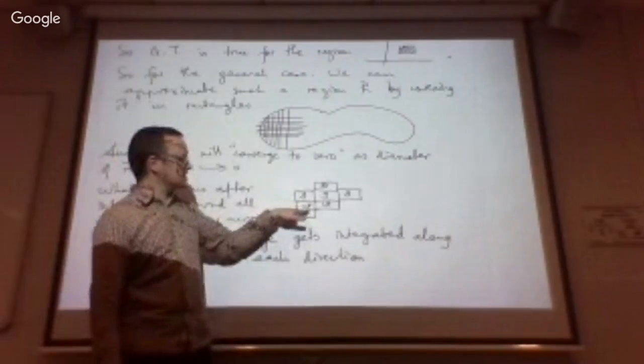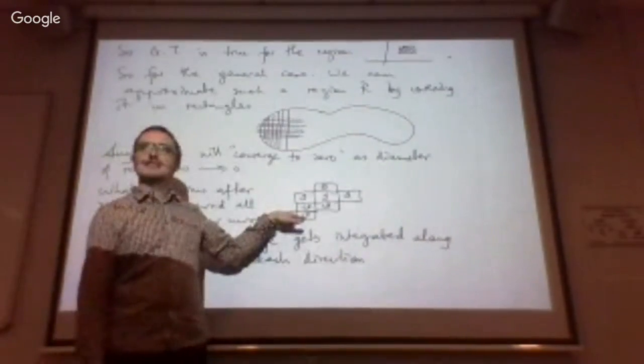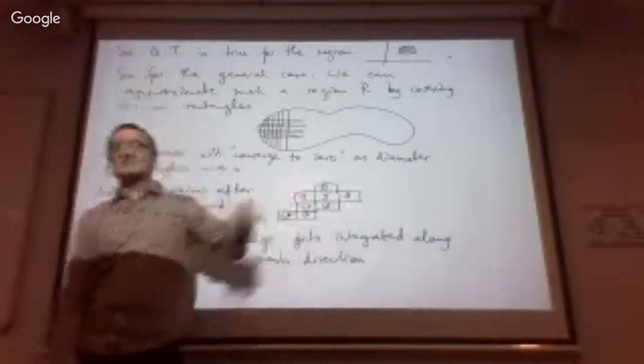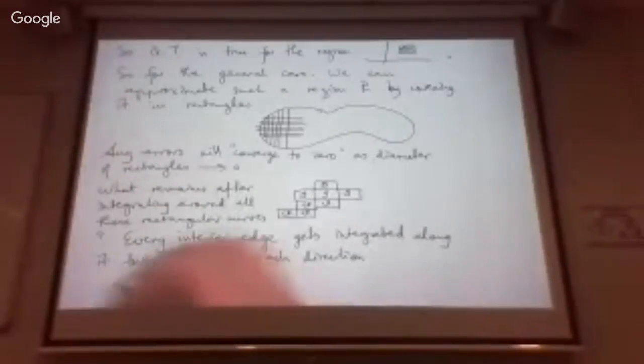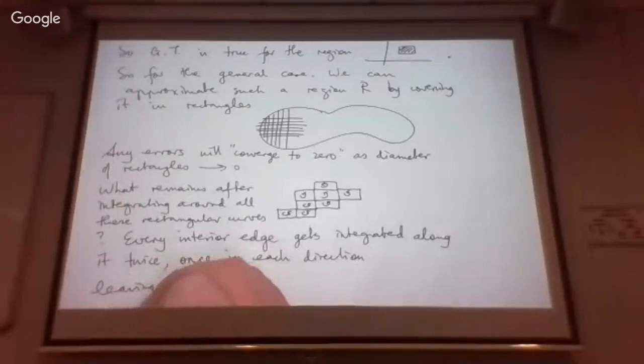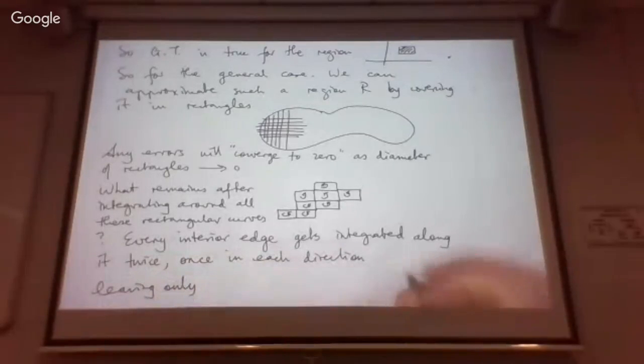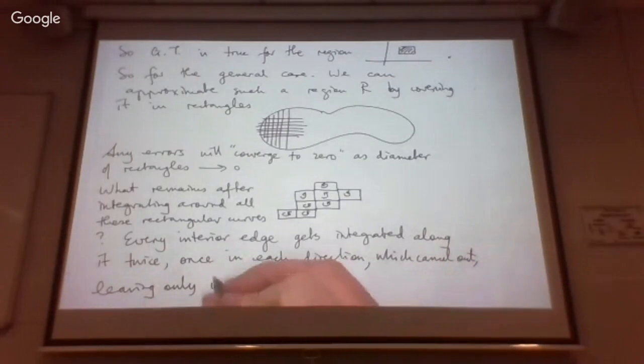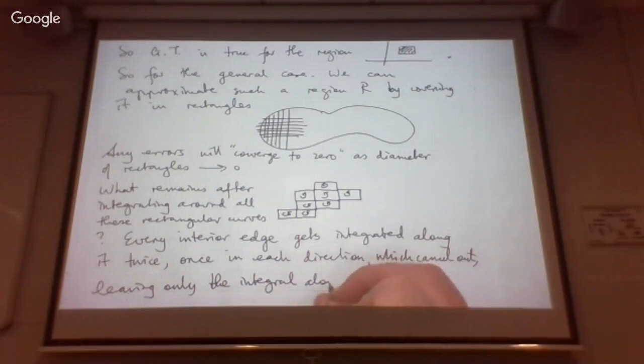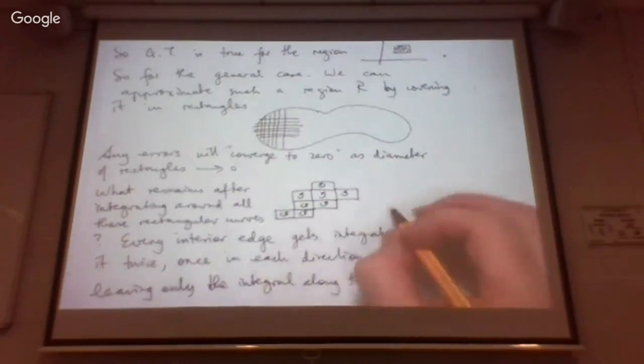Every edge which is part of the boundary of two rectangles gets cancelled out, once in each direction, leaving only the integral along the boundary. So the only thing that survives here will be the integral along the boundary.